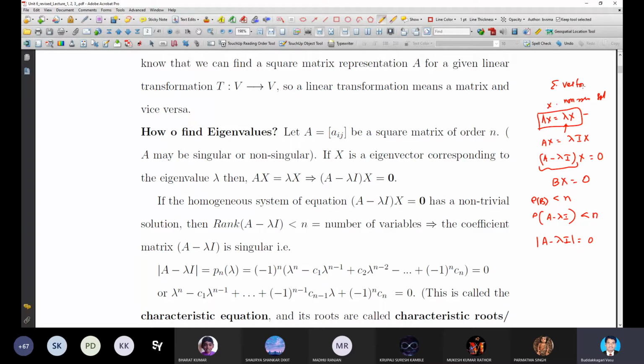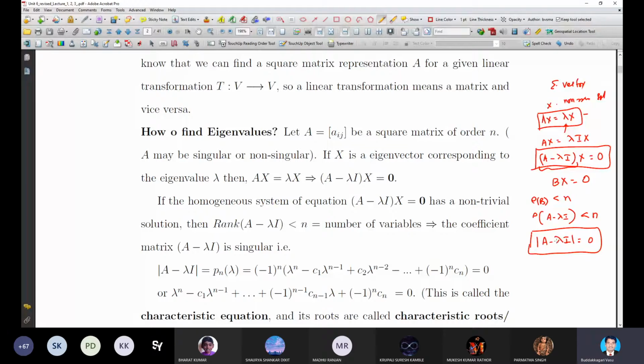This homogeneous system requires non-trivial solutions. That means the determinant of A minus lambda I is equal to 0. This is called the characteristic equation.